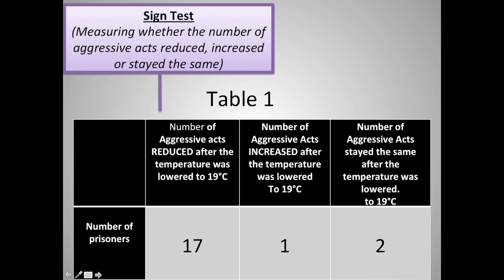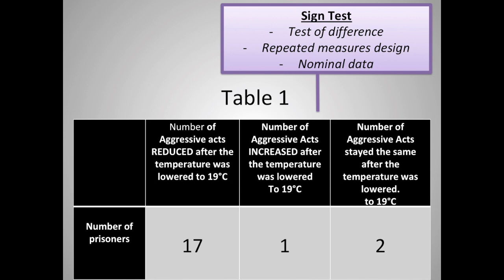After the stimulus is a table of data that's been generated, and the table also gives you clues about questions. So this table is indicating that a sign test has been used on the data. If you're not sure about sign tests, then I've put a link to a resource that you can get in the description below. The notes that I would make next to the table are the reasons that a sign test is used. So it's a test of difference, which means it's an experiment, it's a repeated measures design, and the data is nominal.